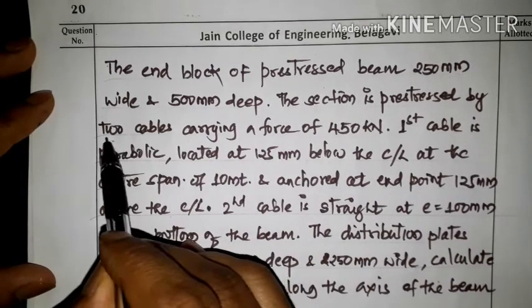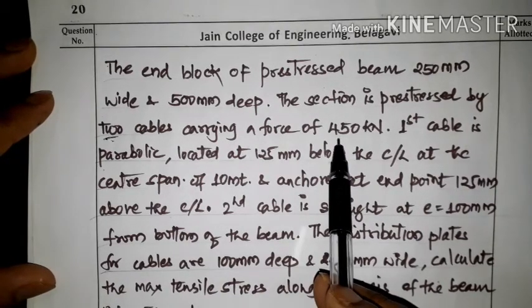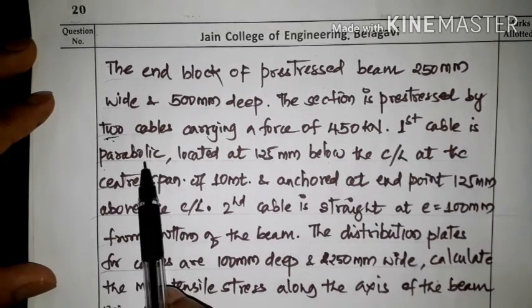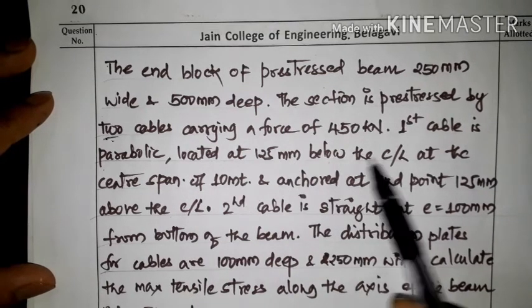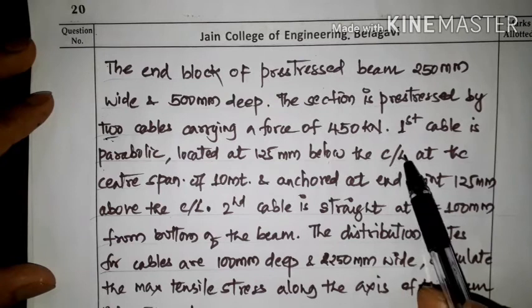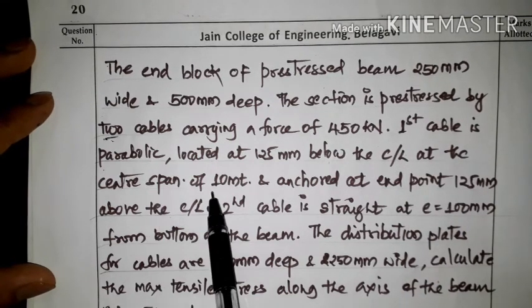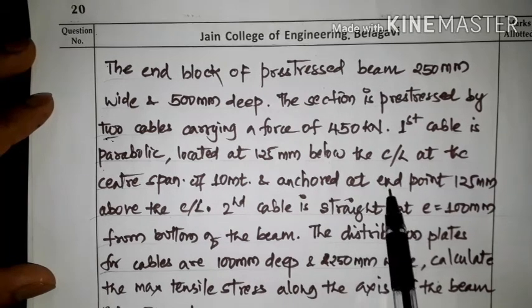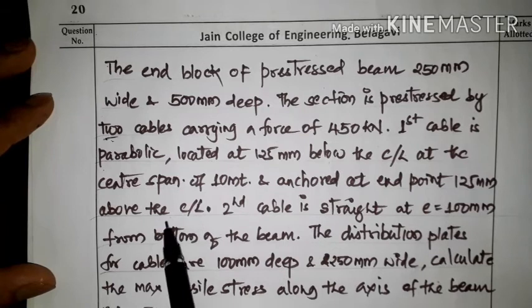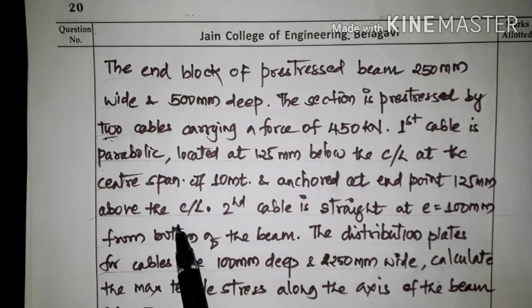So this is important now, 2 cables carrying a force of 450 kN. First cable is parabolic and located at 125 mm below the center line. CL is center line at the center span of 10 meter, so the span of the beam is 10 meter, and anchored at end point 125 mm above the center line. So the cable profile, the first cable is parabolic.